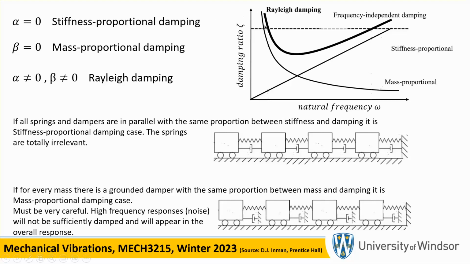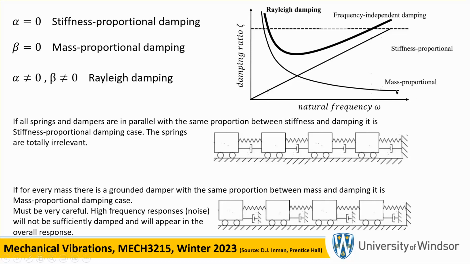Now, to work with alpha m alone is not really what happens in real life, because if you look at the case where beta is zero, so we're dealing with mass proportional damping right there, we get this. It says that at high frequencies, the damping is very small. Actually, real life is the other way around.